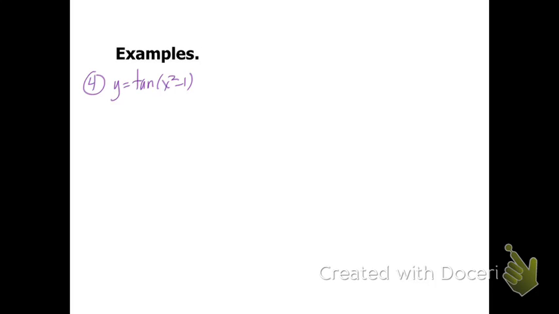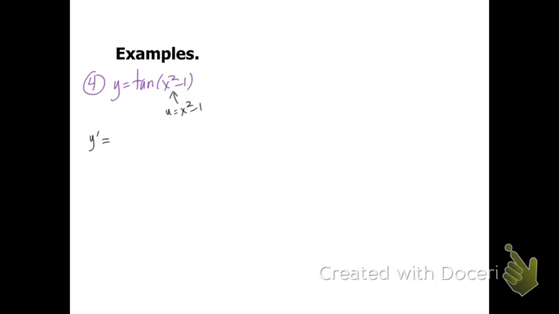So my derivative y prime is going to be, according to my rule, u prime. In this case, u is this binomial. So what is y prime going to be?